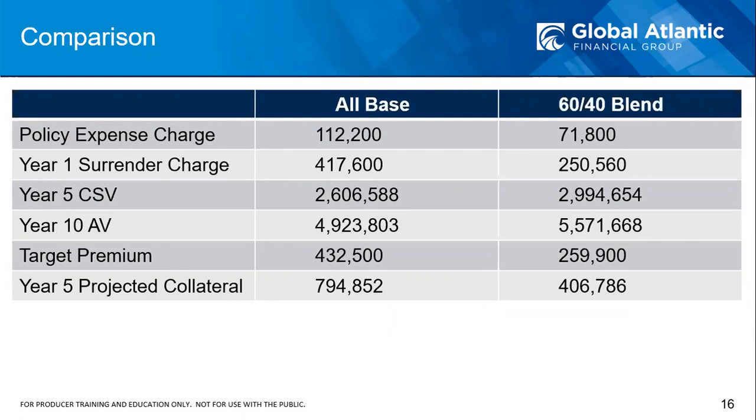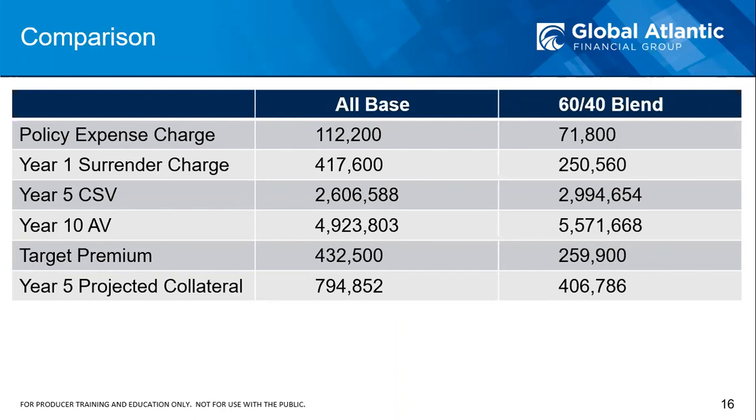If you blend, obviously you take a commission haircut. The target premium's about $259,900, but I would say, is $259,900 better than zero? I would say yes, right? If it's a difference between making 259 and not making anything, I think most people would probably choose to make $259,900.